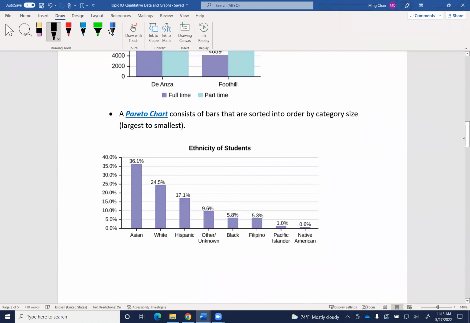A Pareto chart consists of bars that are sorted into order by size, going from large to small. In this example, the larger size is listed first and it goes in descending order.